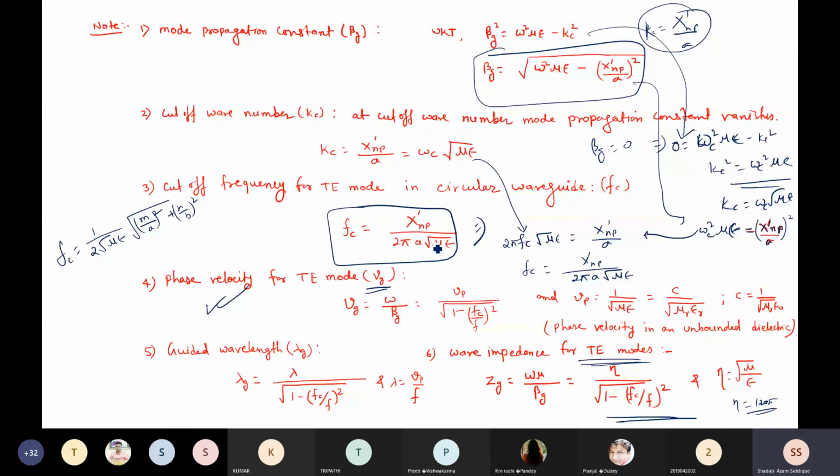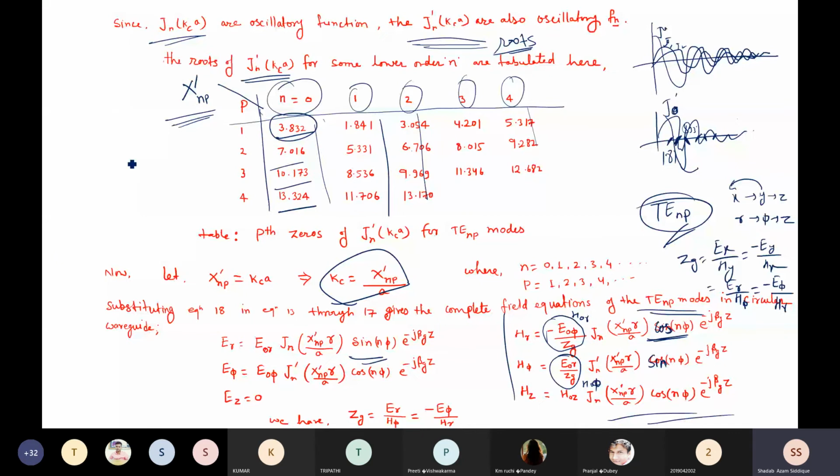So the cutoff frequency changes only with Xnp dash. Fc is directly proportional to Xnp dash, so if Xnp dash is less, the cutoff frequency will be less.